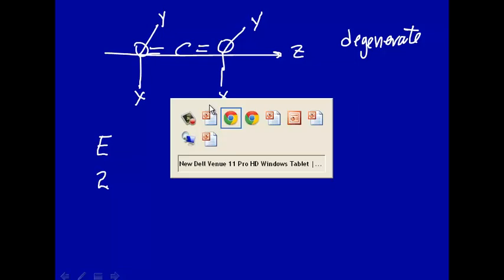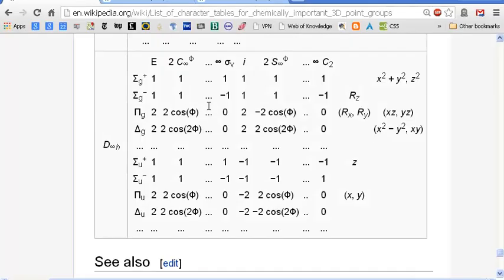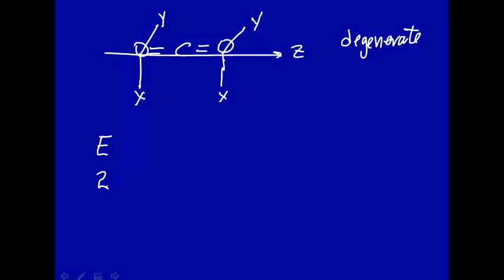So let's see if we can find the degeneracy of 2. Oh yes, here we got two of them listed here. We got a pi u and a delta u. Each one of those is twofold degenerate, corresponding to the two degenerate vibrations here.